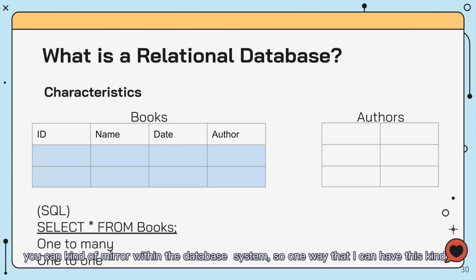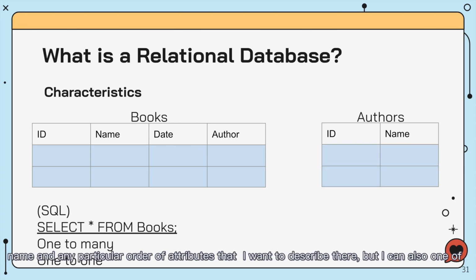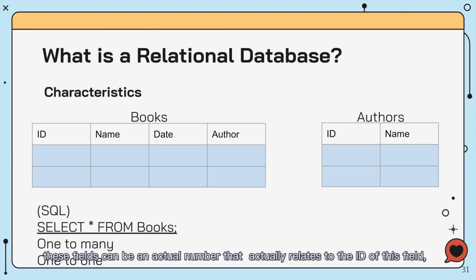So one way I can have this kind of normalized structure is to say the authors table is going to have its own particular ID and name and any other attributes I want to describe there. But one of these fields in the books table can also be an actual number that relates to the ID of the authors table.